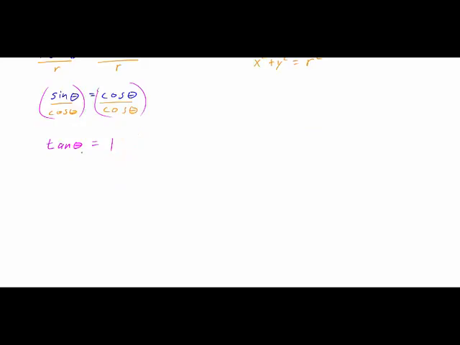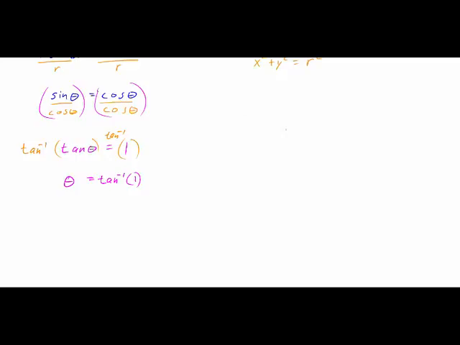And we can even go a step further here. To get rid of the tangent, or to solve for theta, we could take the inverse tangent of both sides. And if we take the inverse tangent of both sides, then we're going to be left with our angle theta equals the inverse tangent of 1. And if we put that in the calculator, you could simply do that.